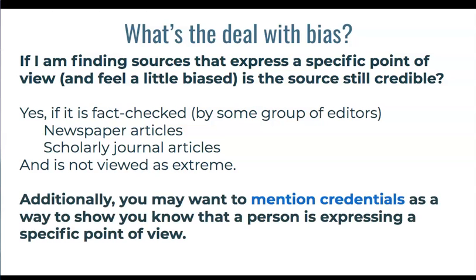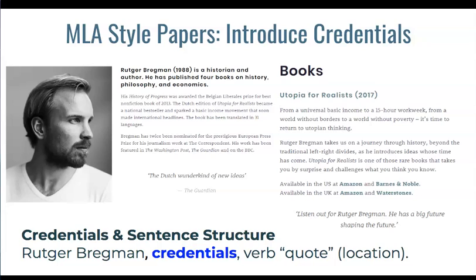So you may also want to mention the credentials as a way to show the person is expressing a specific point of view. So let's say I find this really great article, and it's by Rutger Bregman, and I want to express the idea that he has a very specific point of view, that he has a certain political leaning and a certain way of looking at the world.